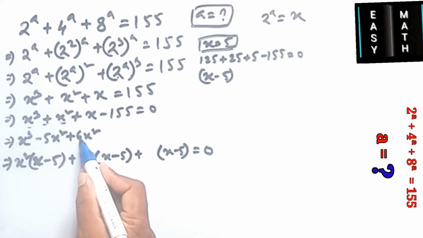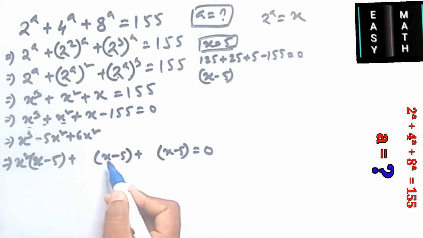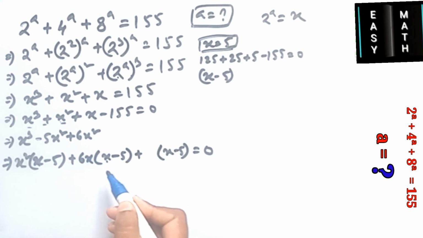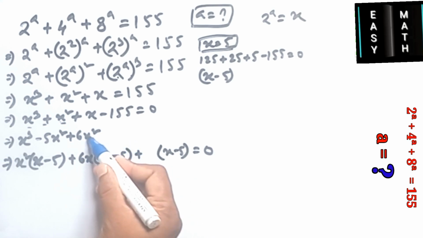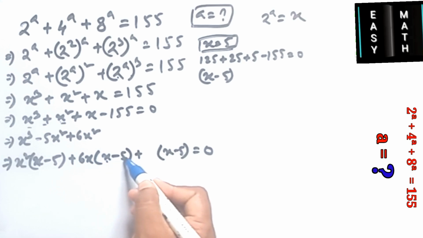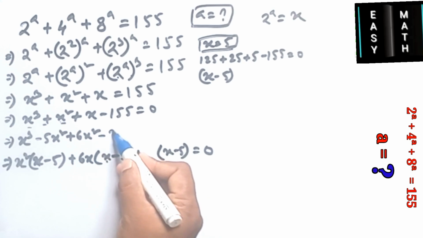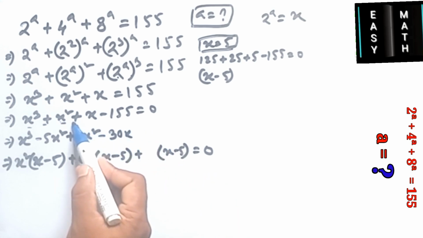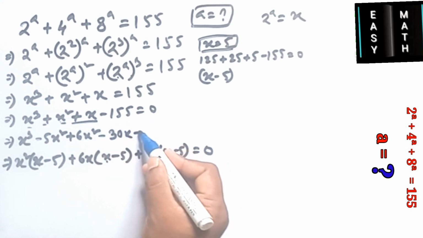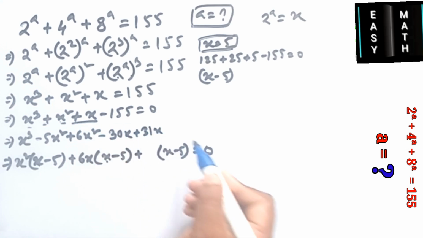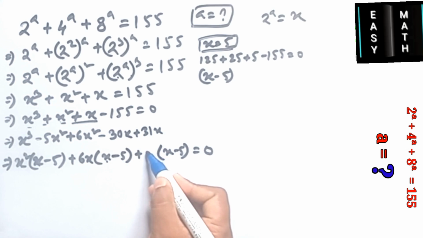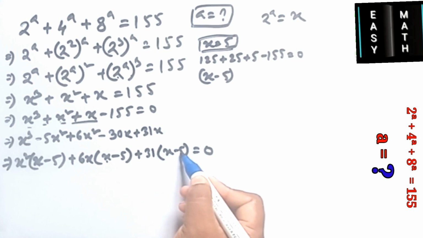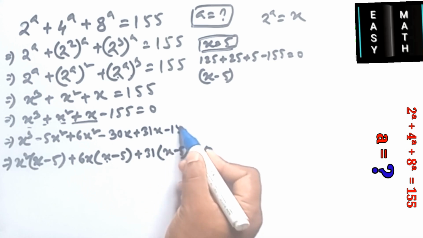And now 6, and this is x, so there is multiplies 6x, and now this is 5 in, so there is the 30x, and this is the minus, and this is the plus, so plus 31x, and this is x, so 31 into x, 30x, and 31 into 5, this 155.